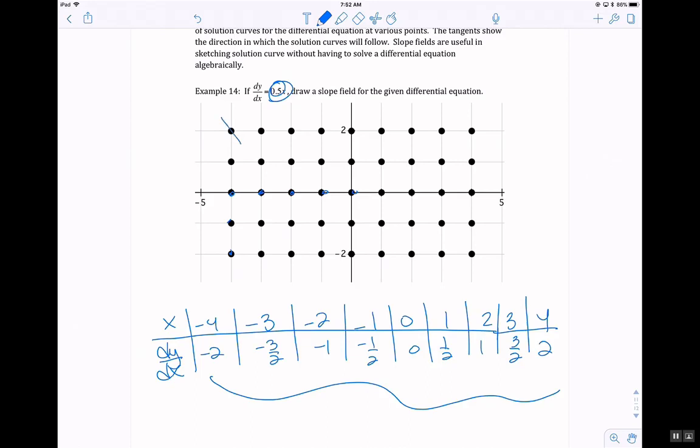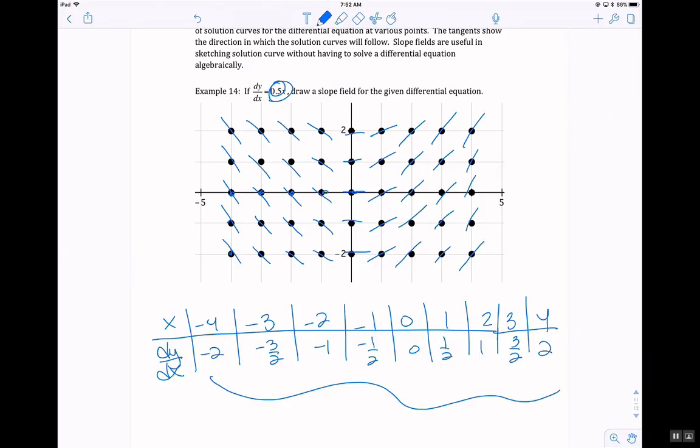So my slopes look something like this, and they're straight here, and then they start probably a little less steep, and then steeper, and then steeper, or the steepest, okay?